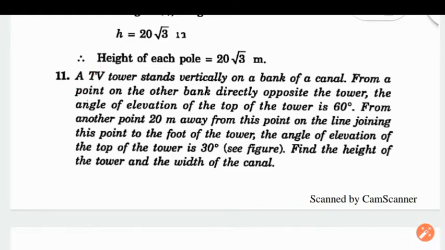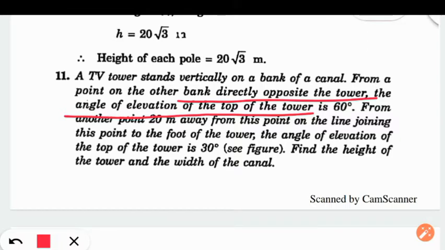In question number 11, a TV tower stands vertically on a bank of a canal. So one canal is there, and on one bank of that canal a TV tower stands. From a point on the other bank which is directly opposite to the tower, the angle of elevation of the top of the tower is 60 degree.